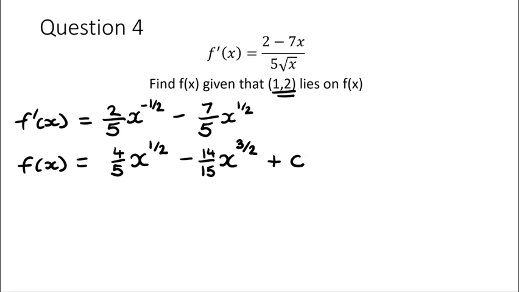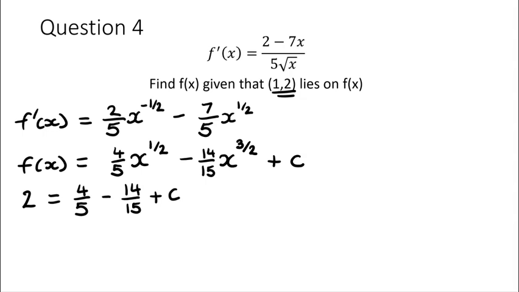Generally, the information they give in an exam should be something they intend for you to use at some point. So we know that when x is 1, f of x is going to be 2. So we're going to replace the f of x with 2, and sub in x equals 1.